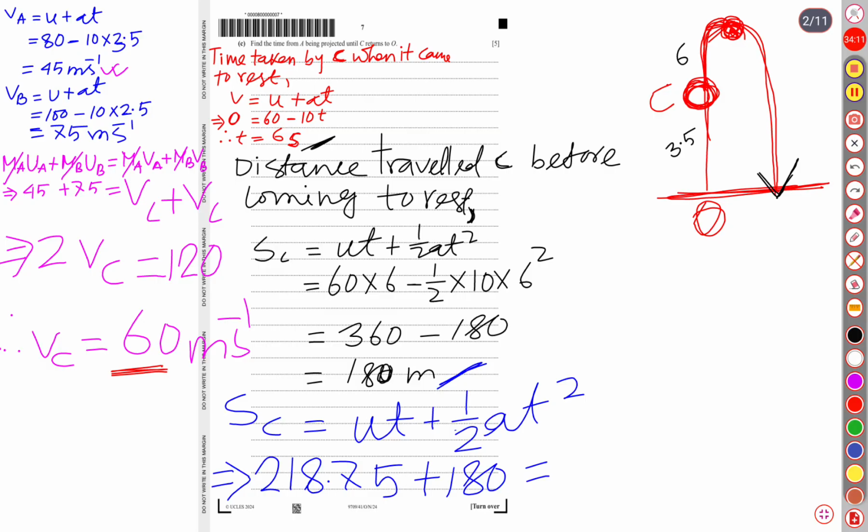Definitely when it was coming downward, initial velocity from rest was 0, plus half a t squared. Now look at this, the direction of acceleration will not be different because the particle was moving downward. At the same time, acceleration due to gravity was also acting downward. So the direction is the same. There will be a positive sign, half a t squared.